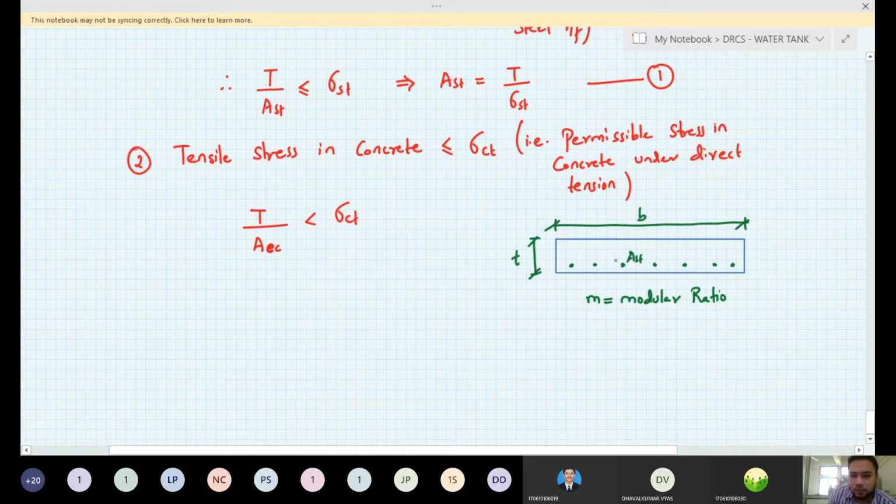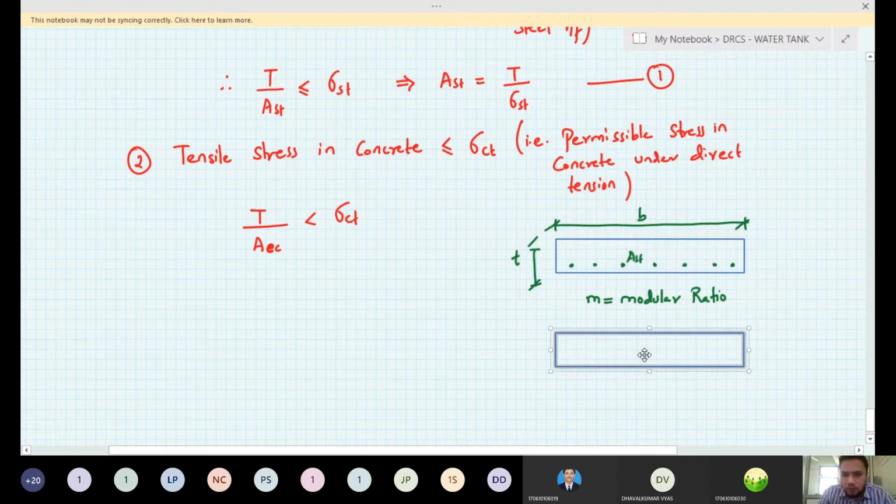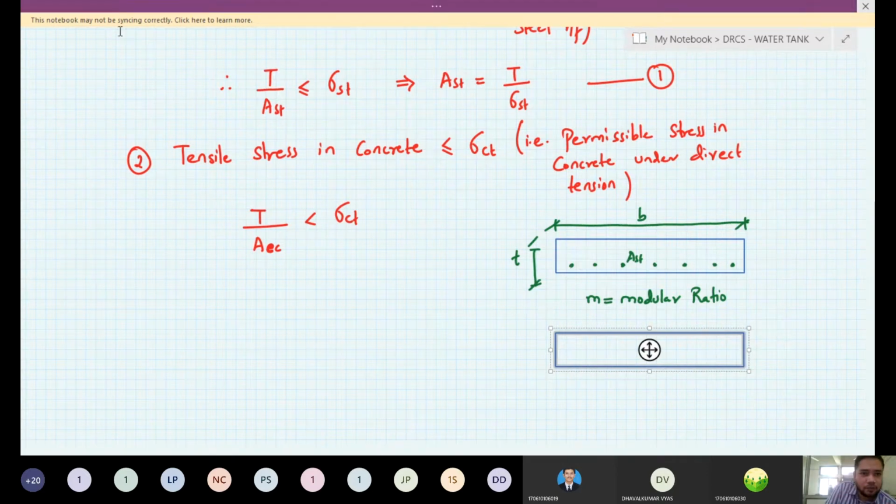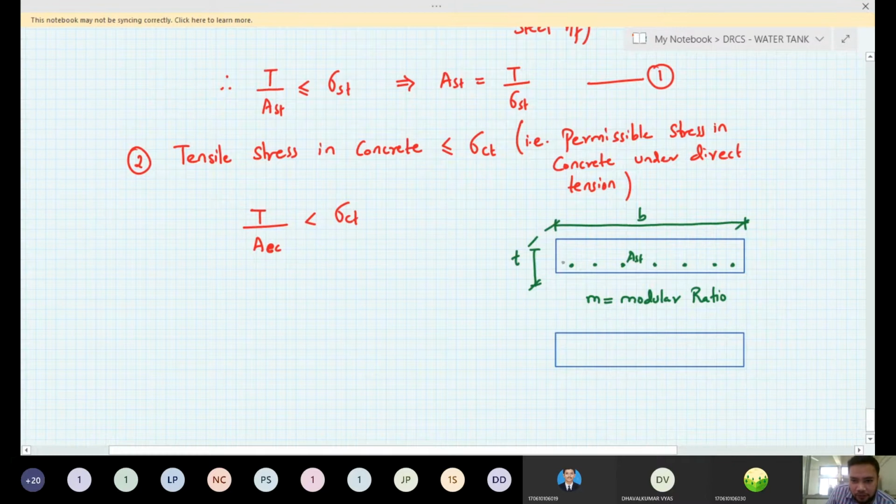Now for the equivalent area of the concrete, we have to transform this section into an equivalent concrete section. So at the level of the steel, we have to convert the steel into equivalent concrete.